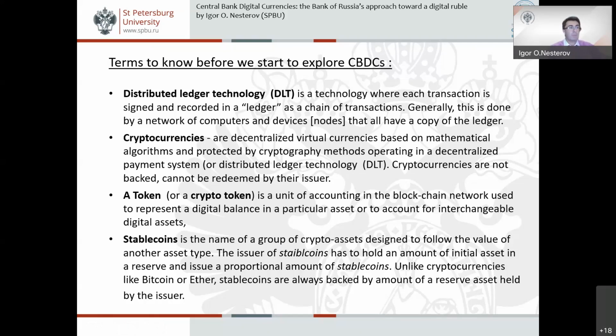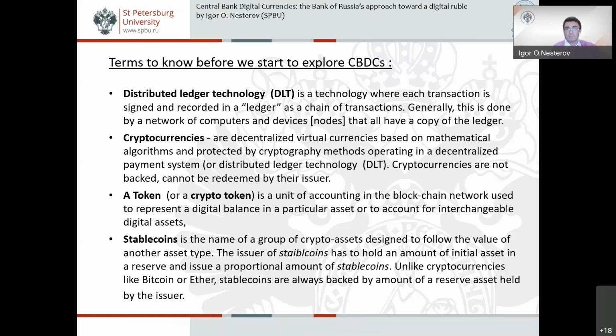So unlike cryptocurrencies like Bitcoin and Ether, stablecoins are always backed by a proper amount of a reserve asset held by the issuer. So those are the key terms that we are going to use today during our lecture.